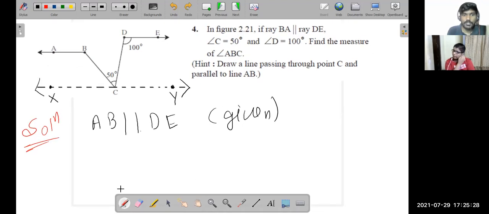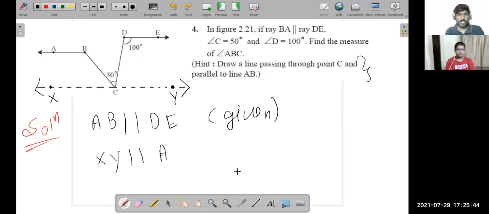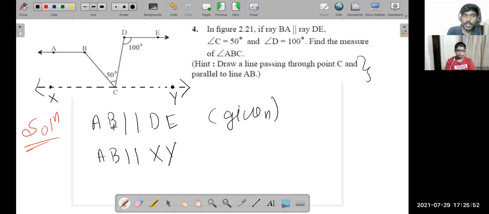And you have constructed XY by the hint. What the hint says is you have to draw XY parallel to AB. So XY is parallel to AB, or you can also write AB parallel to XY. So AB is parallel to DE and AB is parallel to XY also.